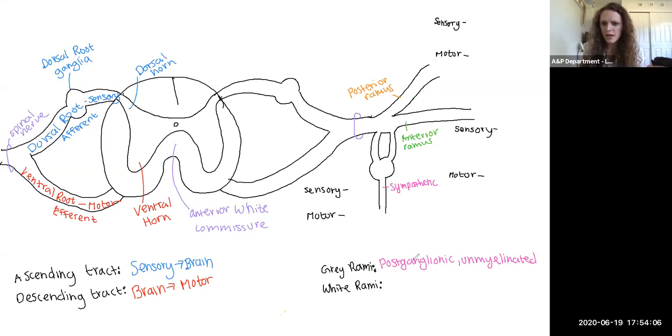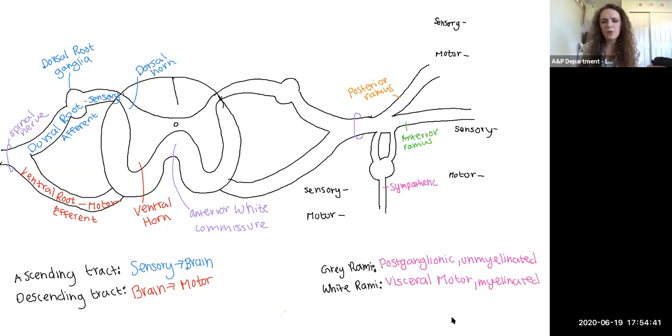Okay, just know gray is postganglionic and unmyelinated, while white is going to carry visceral information, more specifically, visceral motor information. Okay, and the white is myelinated. Remember, white means that it's myelinated, as those axons will give away white, versus gray, which is unmyelinated.